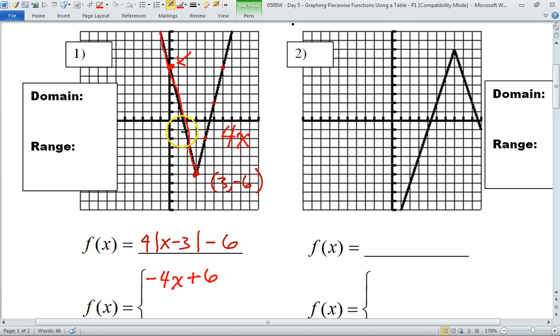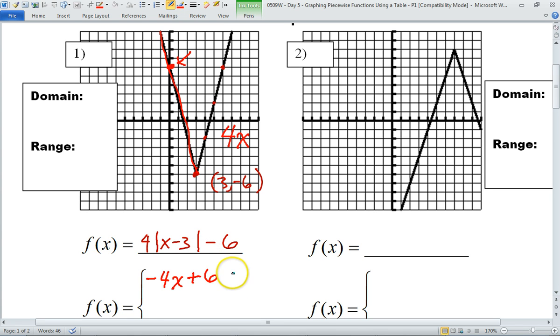These slopes are always going to be the same, except one's positive and one's negative. So if this is +4, then the other one has to be -4. If I made dots, you would see that it went down 4/1. Okay, so that's the equation for the red part of the graph.